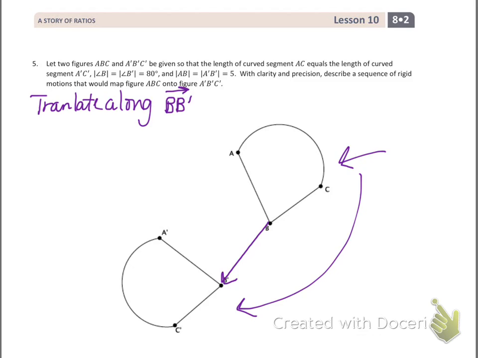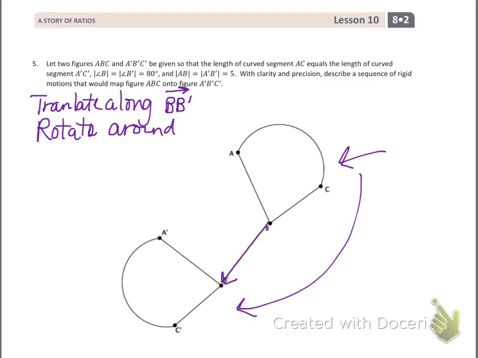And then what I'd like to do is rotate. I will rotate around center B prime or B. They're both the same point now.